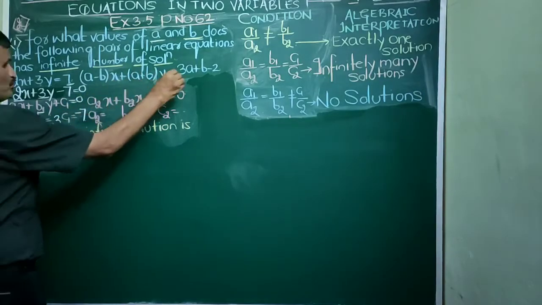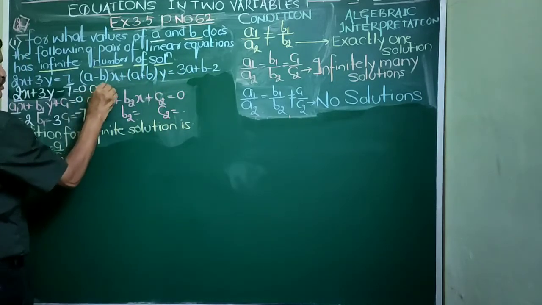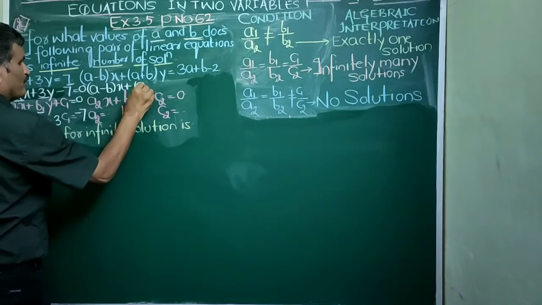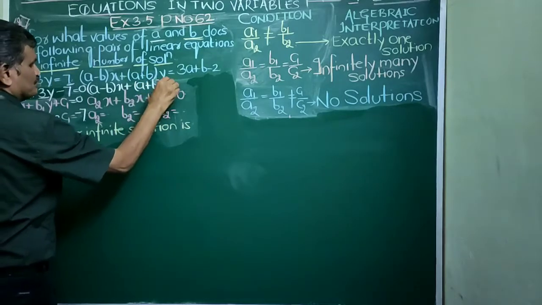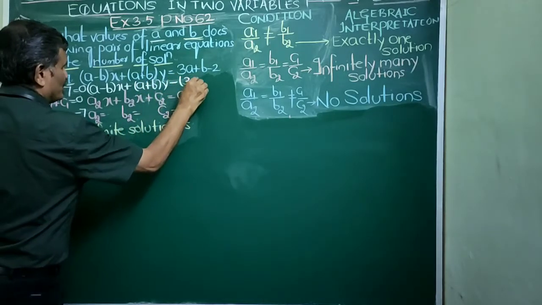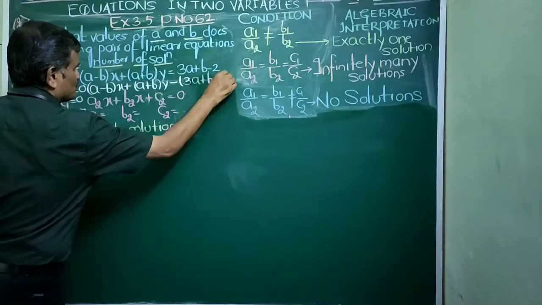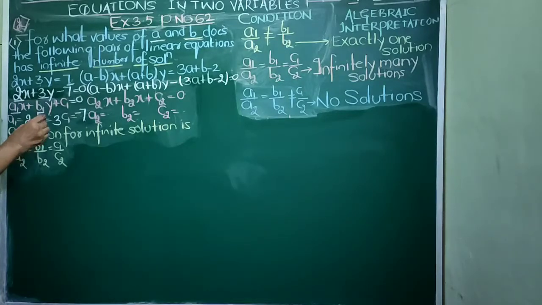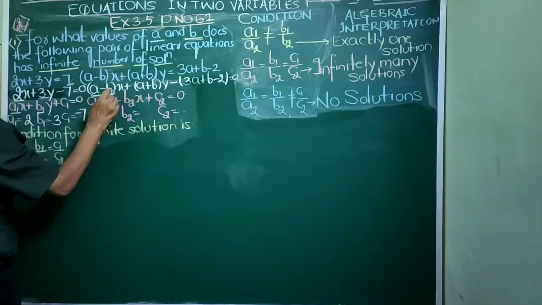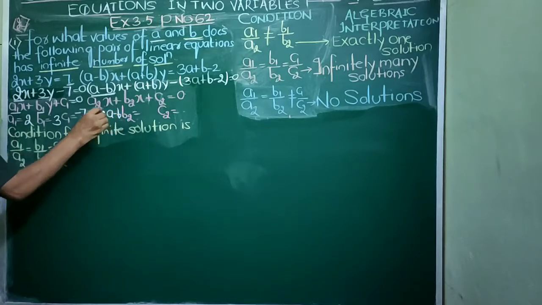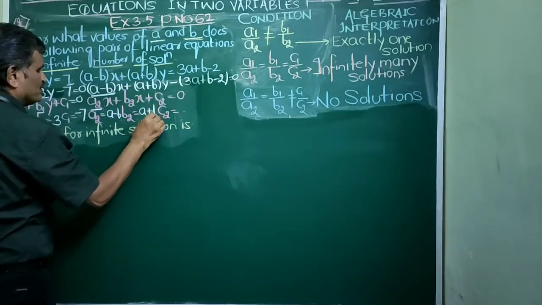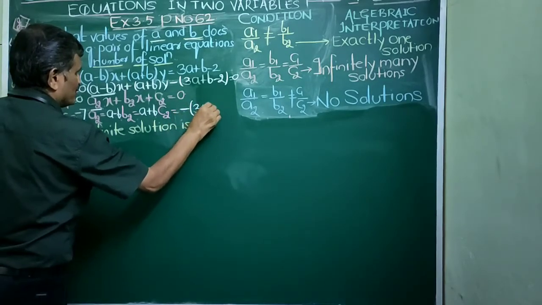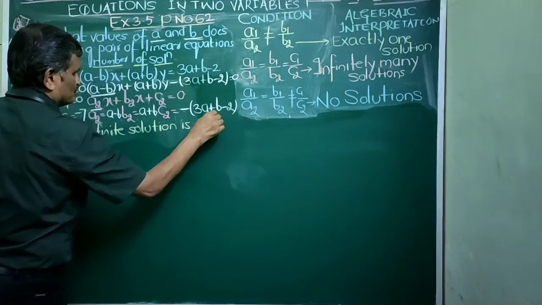Here again they do not put it in standard form, so let me put it in standard form. (a minus b) into x plus (a plus b) into y minus of (3a plus b minus 2) is equal to 0. Now again I will compare the coefficients. A2 is equal to a minus b, B2 is equal to a plus b, and C2 is equal to minus of (3a plus b minus 2).